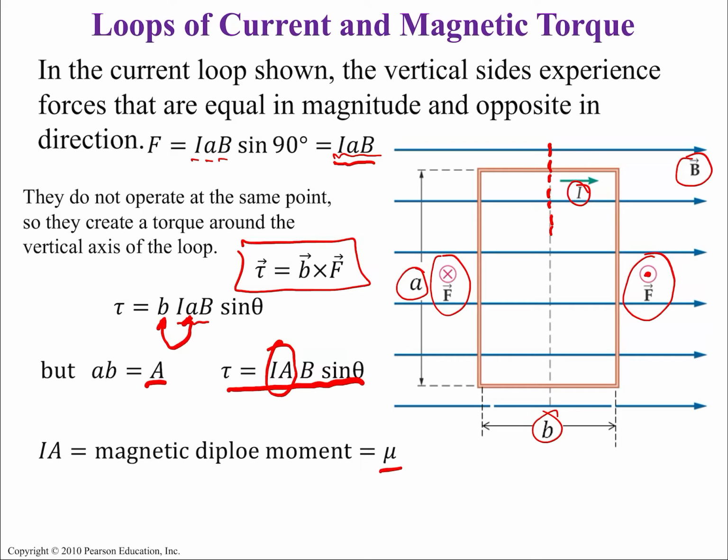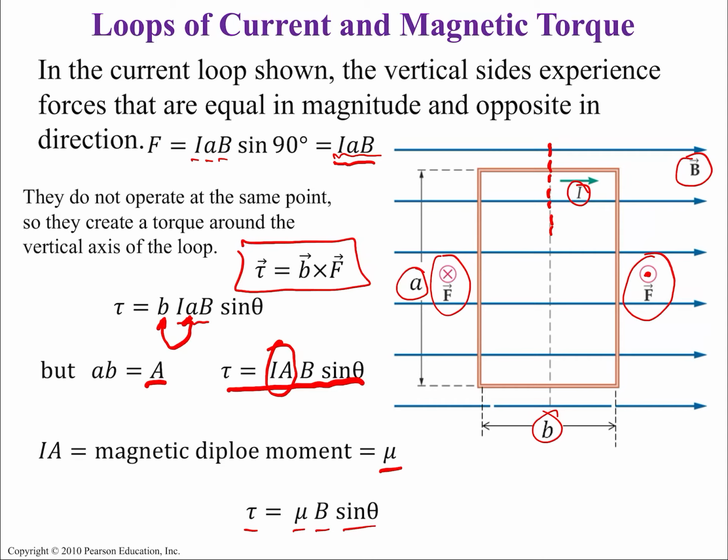The current flowing in the loop multiplied by the area of the loop is always the quantity called magnetic dipole moment. All right, rewrite the above equation in terms of mu. So you get tau, the torque, equals mu B sine theta, that's a magnitude.